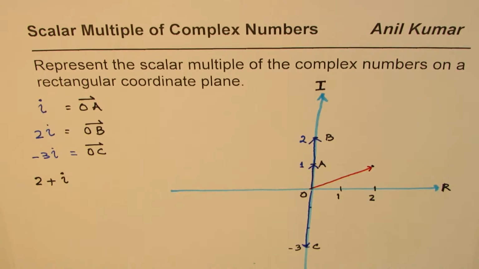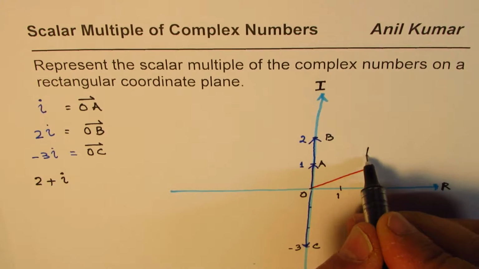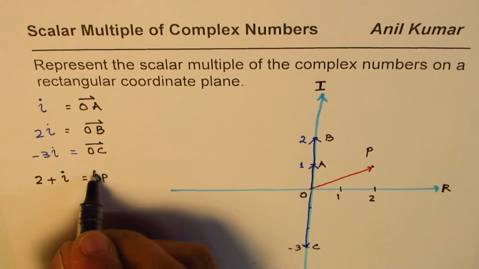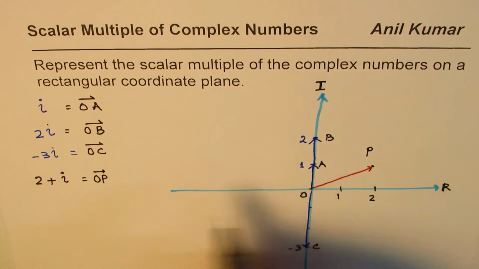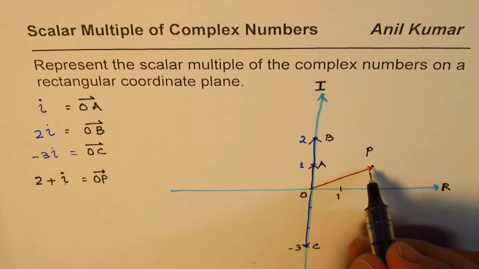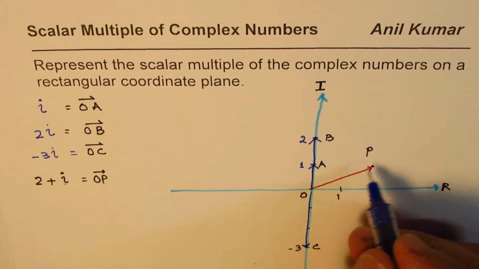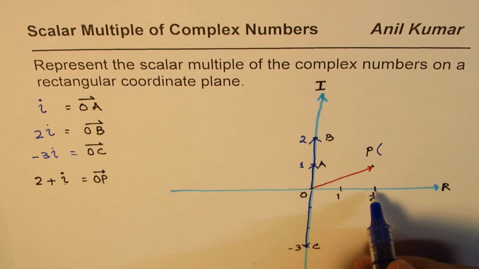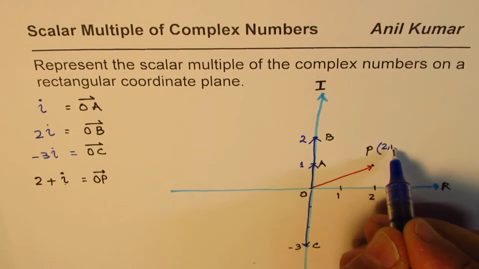Let's say this point is P for us. Then OP represents 2 plus i. We could also write this in coordinate form as 2, 1.